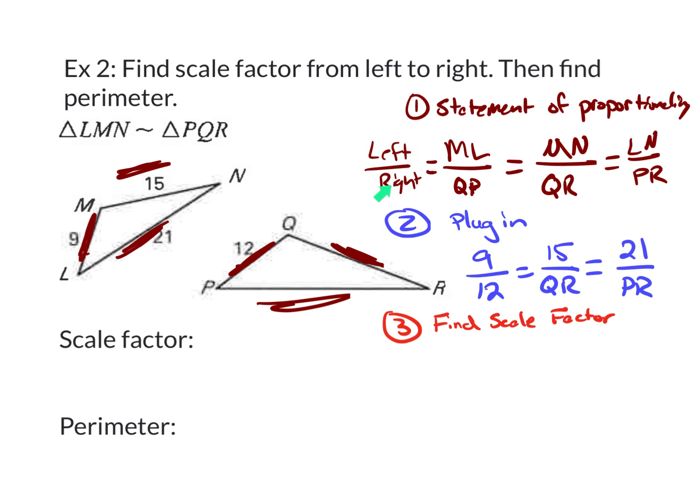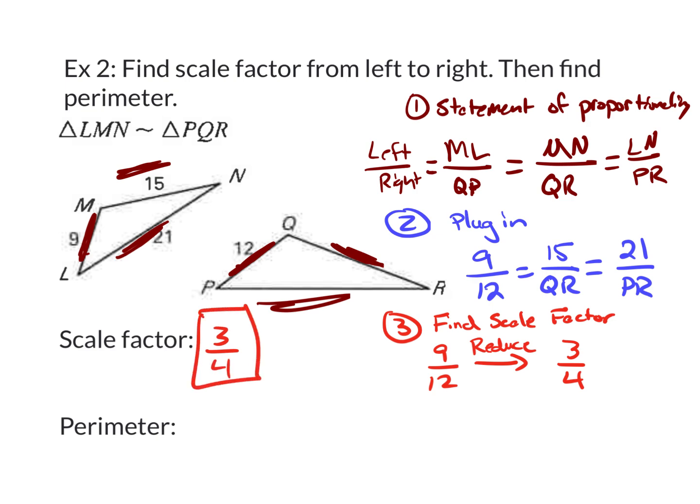The left one on top of the right. From left to right. So the left triangle's number needs to be over the right triangle's number. So I'm going to take that 9 over 12. Reduce it. And what does that give me? 3 over 4. So my scale factor is 3 over 4.